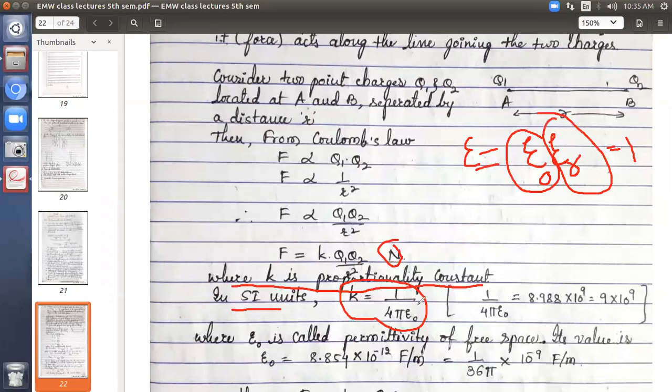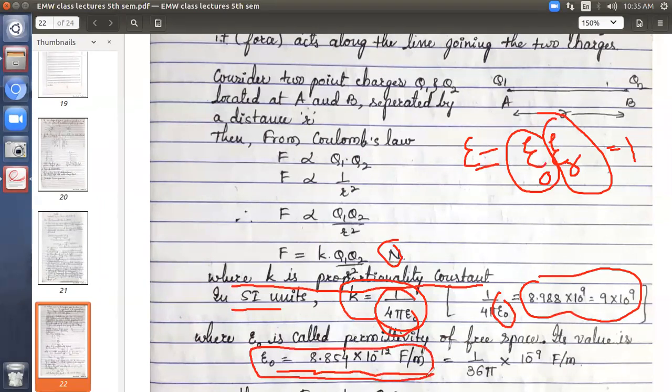And if you try to get the value for this, you can use the calculator, you will get this 1 by 4 pi epsilon naught. I hope you know what epsilon is. Epsilon naught value is 8.854 into 10 to the power of minus 12 farad per meter. I hope you have studied this. So put epsilon naught here in the denominator, 1 by 4 pi into this much.